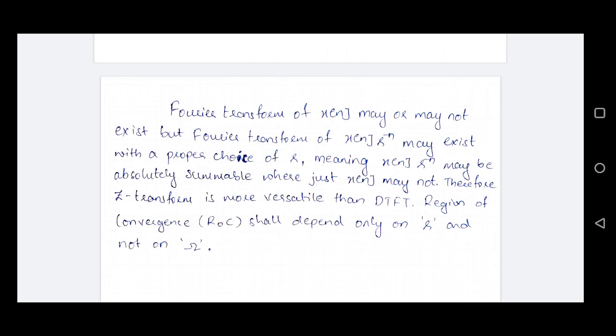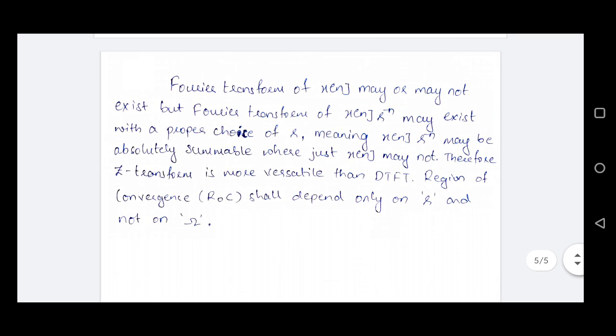So the values of Z for which the summation takes a finite value are called the region of convergence. The region of convergence depends only on r and not on omega. It depends only on the radius, not on the angle omega. So this is the most useful characteristic of the Z transform compared to the Fourier transform.